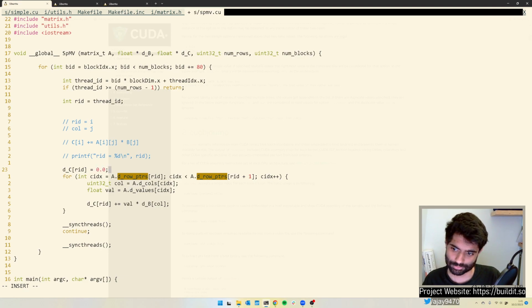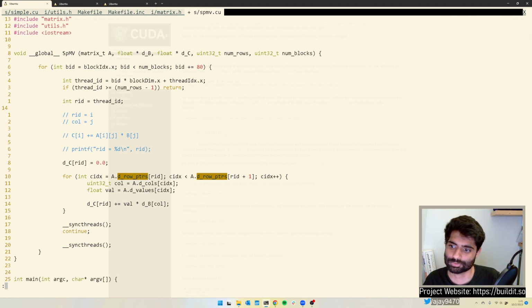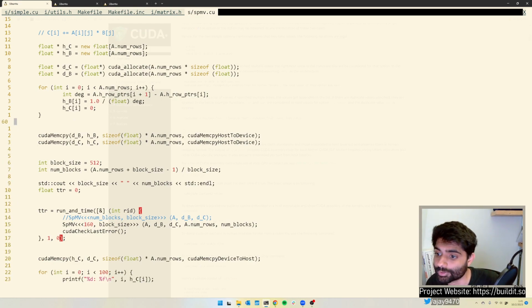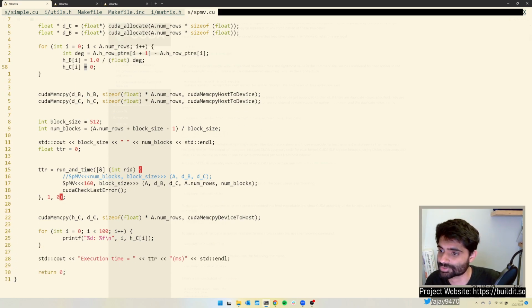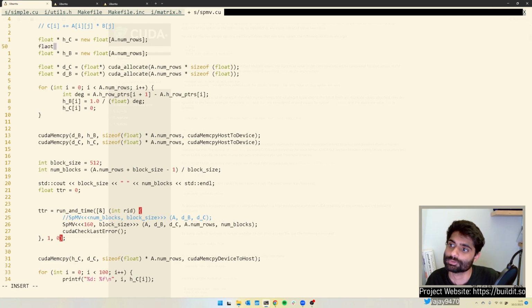Let's see. We should compute the value on the host correctly and see if they match. Okay, I'm going to compute a reference value and see if they match. I think the profiler is not showing it.